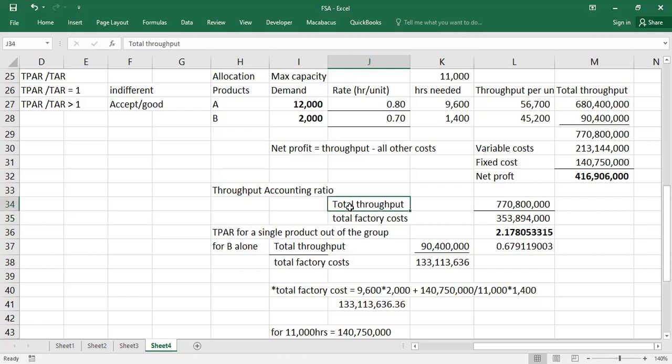So whenever it's greater than 1, it's a good thing because it means the profit is a lot and can cover all the factory costs. Then if the throughput ratio is less than 1, we reject, or we say it's a bad performance.